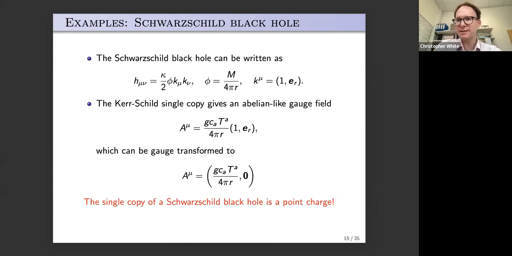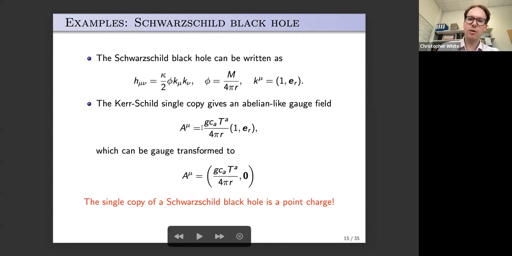You may say, if you've not seen these things before, well, are these Kerr-Schild metrics useful for anything? Actually, some of the most famous solutions in gravity are of Kerr-Schild form, or can be put in that form. So the Schwarzschild black hole is one of them. Normally, we think about the Schwarzschild black hole in a different coordinate system, but you can do a coordinate transformation so that it has this form where k is just 1 in the time-like direction and a unit radial vector, and phi just goes like 1 over r.